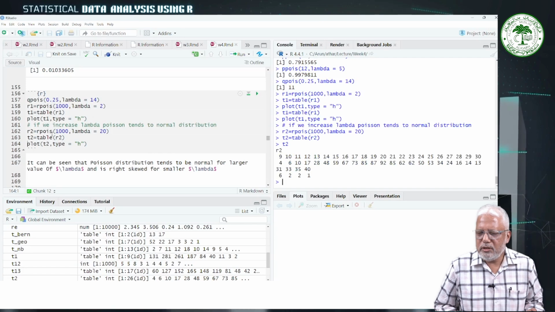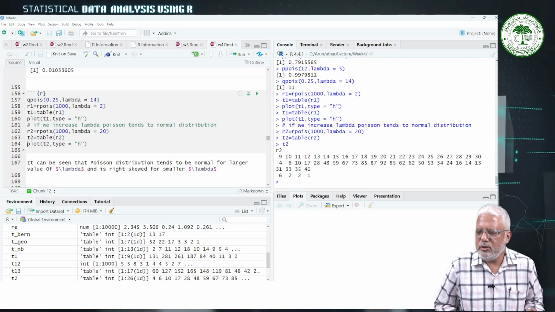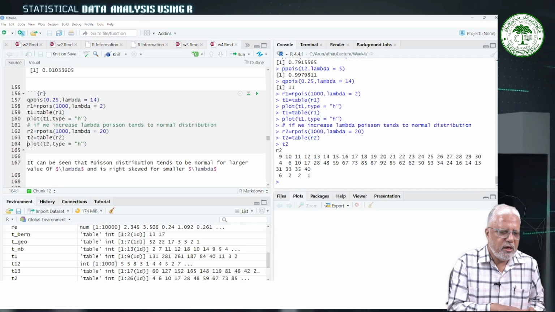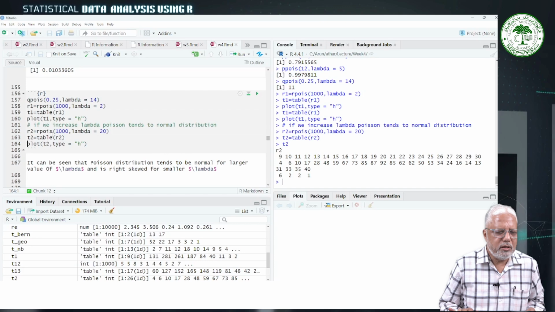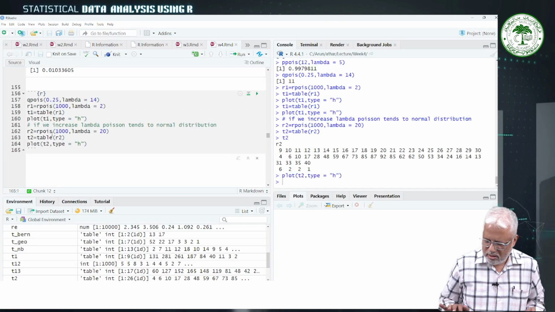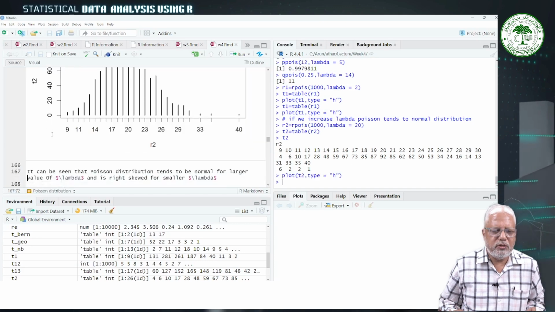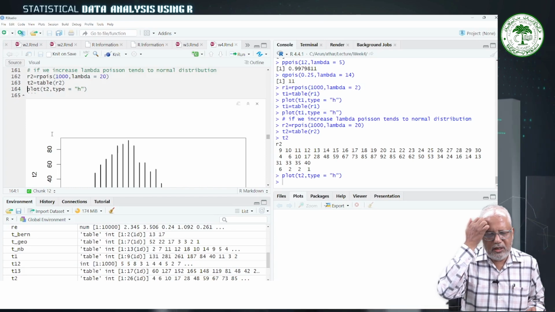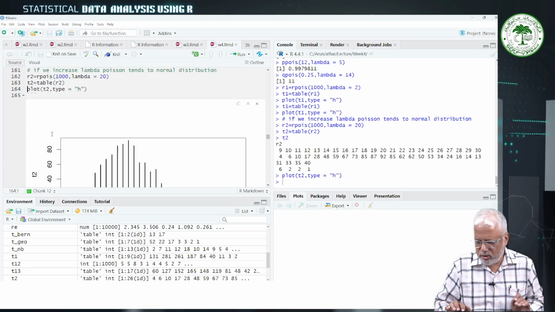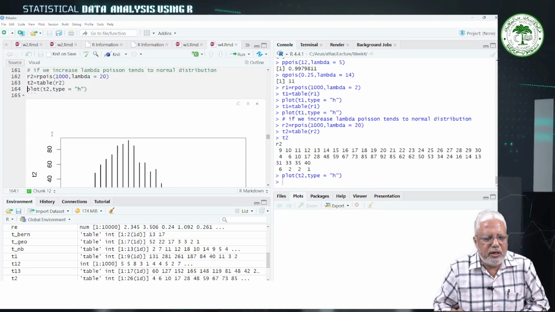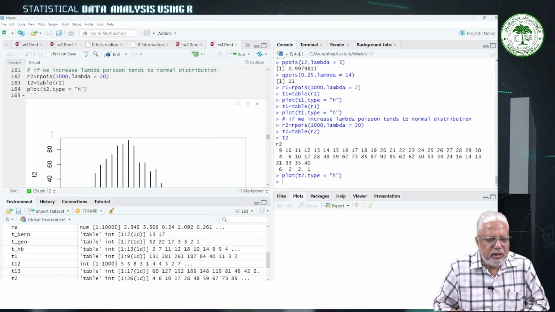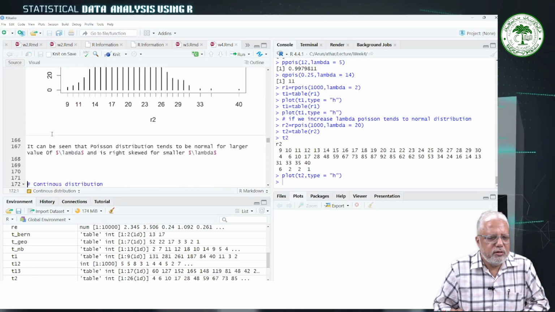Here this distribution looks to be symmetric. If we get the plot, see what the shape of the plot is. It is very close to a normal distribution. So theoretically we say if lambda approaches infinity or becomes large, this distribution can be approximated well by a normal distribution.